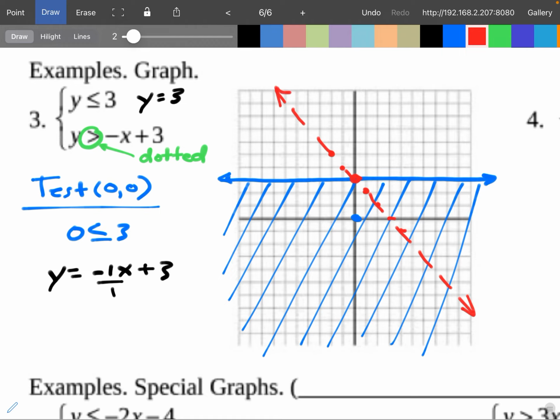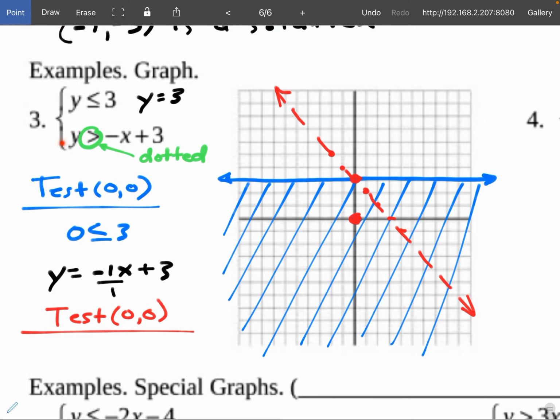All right, so I got to draw a dotted line through those red points. So let me do that. That is going to look something like that.